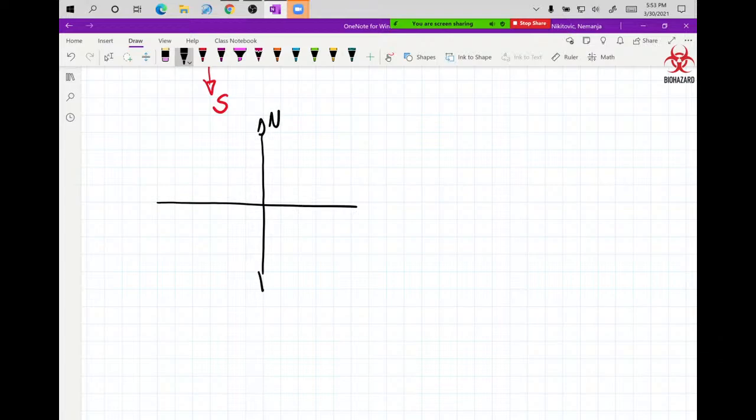Again, north, south, east, west. And then we have, let's say, 17 degrees. Can anyone solve this? What is the bearing? Yeah, don't all scream at once. Stop talking over each other. Just one person.